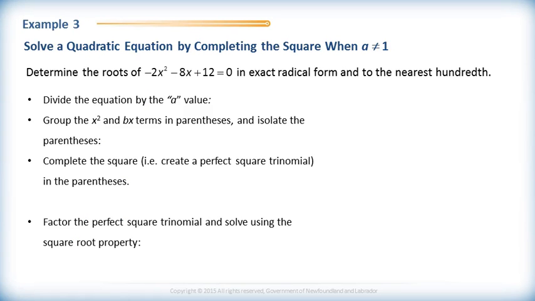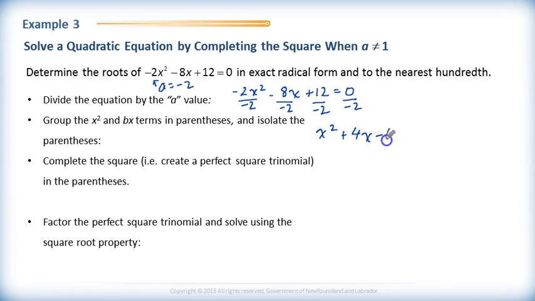For this next one, we follow the same steps, but this time the a value is negative 2, so we're going to divide everything by negative 2 in this equation. So when I divide everything by negative 2, I will get x squared plus 4x minus 6 equals 0. And we have to group the x squared and bx terms in parentheses like we did in the last example. Just tidy things up a little bit.